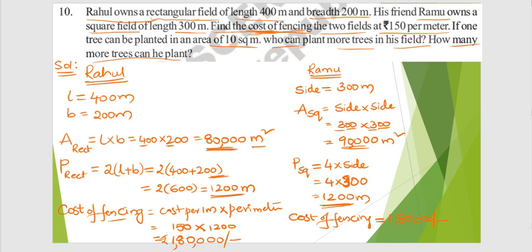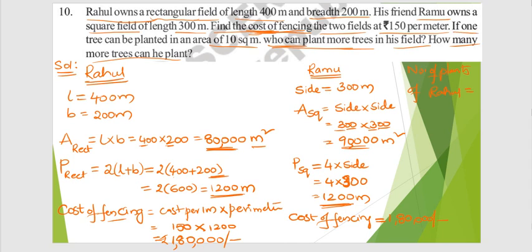Now he is asking who can plant more trees. So first of all, how many plants they can plant, that we are going to see now. So number of plants. Who is the first one? So the first one is Rahul, right? So the number of plants of Rahul is equal to, what is the formula to find the number of plants?